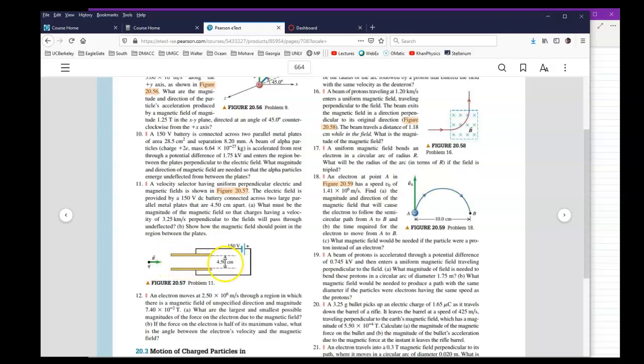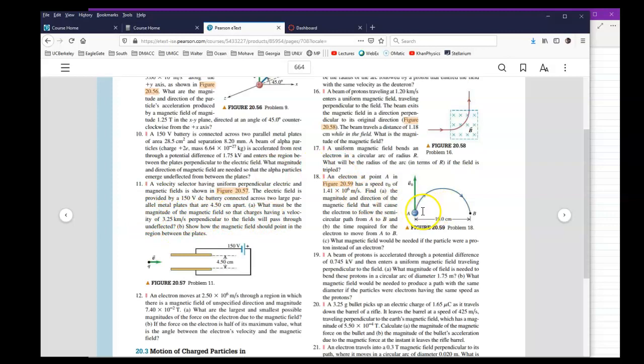So the electric field is provided by a battery: the voltage is 150, and the plates are separated by 4.5 centimeters. He's asking what must be the magnitude of the magnetic field. Basically, he wants B, so that the charge with a velocity perpendicular to the field passes through, and so on.